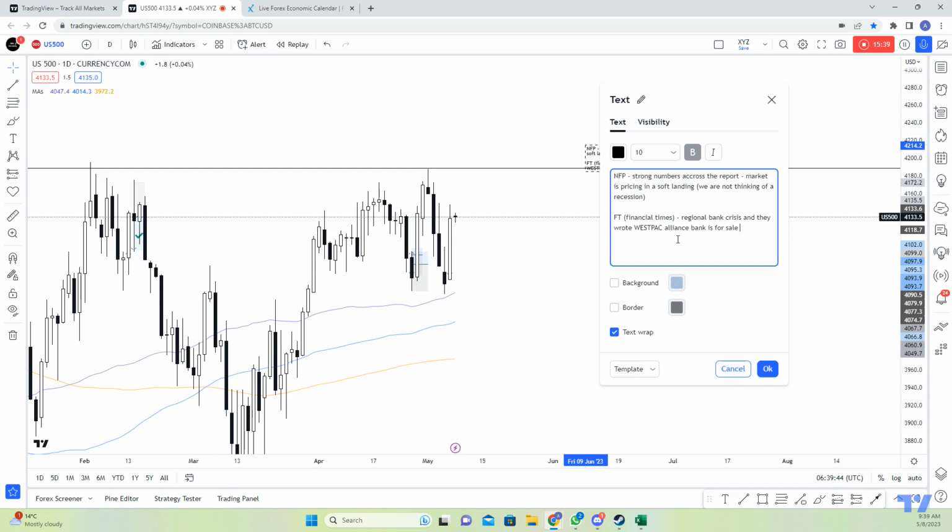Another thing that was happening on Friday, I think not Friday, Thursday, Apple earnings came in very, very strong. Strong earnings. But there was some sort of optimism in the market.